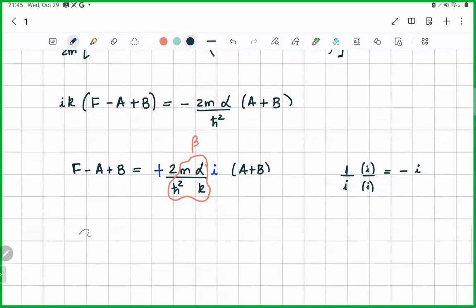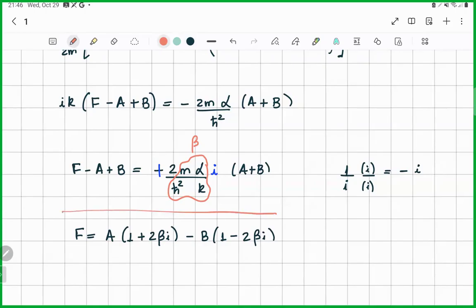I can now write this equation like this. If I pass a to the right, I have a and then 1 plus 2 beta I. If I pass b to the right, I get a minus b, 1 and minus 2 beta I. So I have this equation, using this relationship between the derivatives of the functions.